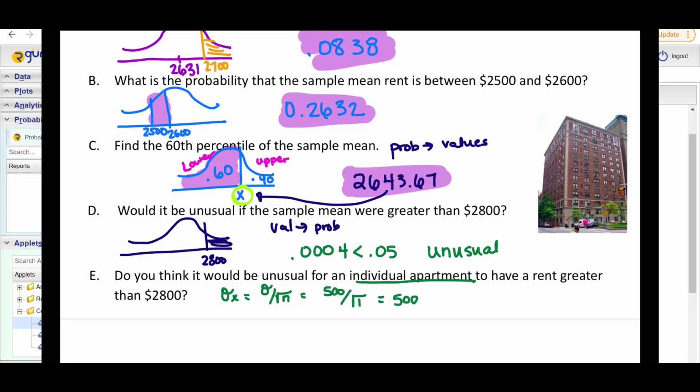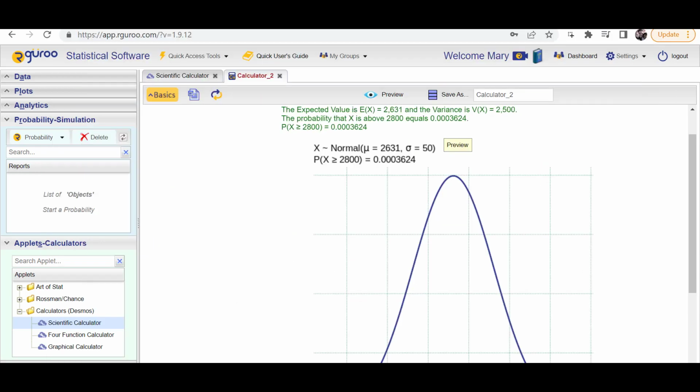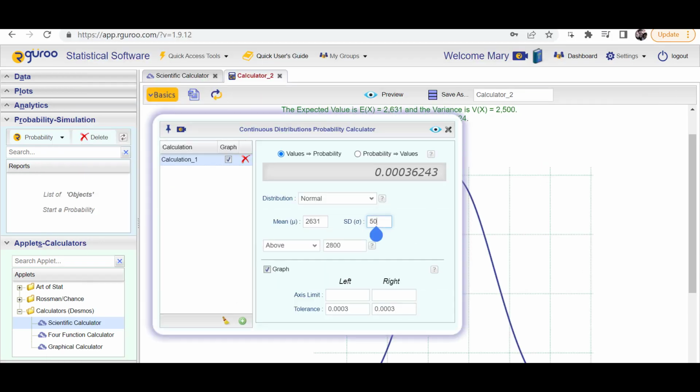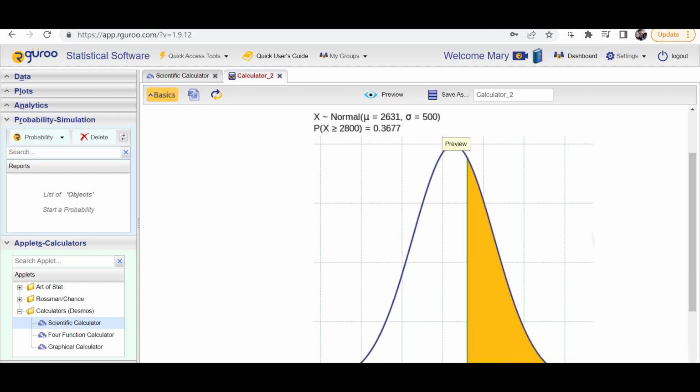We're doing greater than 2,800, which we already have in here, but we want to change the standard deviation back to 500, or 500 divided by the square root of 1, which is still 500, and it would be 0.3677, which would not be unusual because it is not less than 0.05.